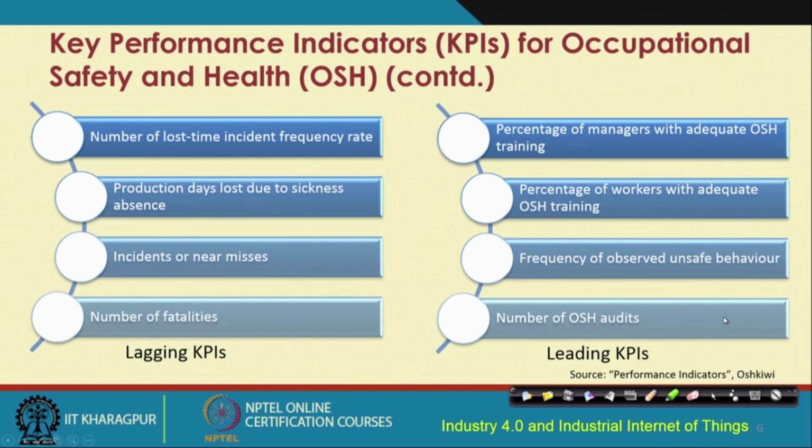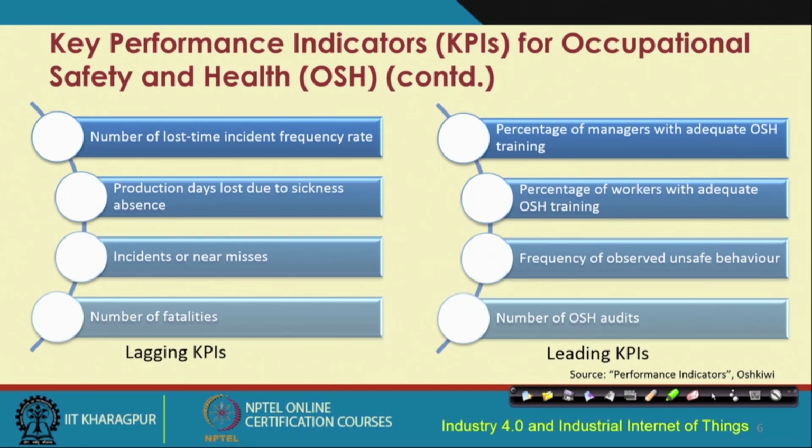Leading KPIs include, for example, the percentage of managers with adequate operational and health and safety training, the percentage of workers with adequate operational and safety training, the frequency of observed unsafe behavior, and the number of OSH audits. These are some of the different KPIs under the leading KPIs category.